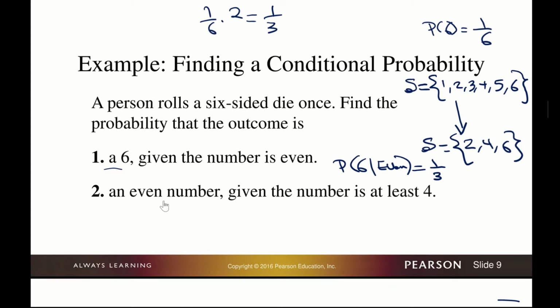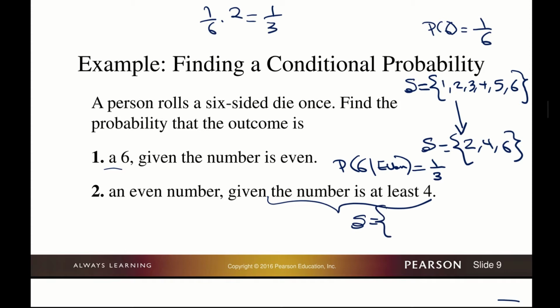So now we're going to look at the probability that the outcome is an even number given that the number is at least 4, right? So notice, if you look at this sample space, what outcomes is it going to contain? Well, at least 4.